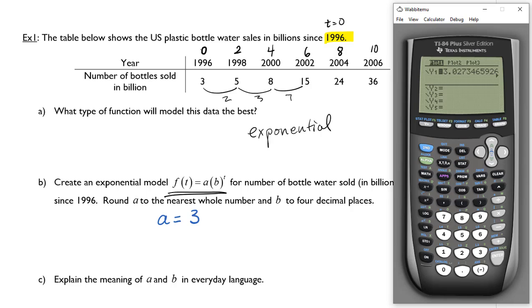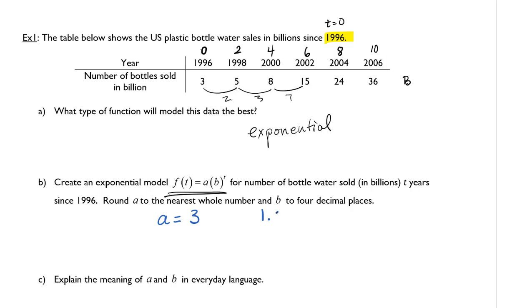And now let's look at what b is. B is 1.2887, etc. We want to round this to 4 decimal places, so that would be 1.28878. 8 is larger than 4, and so we have to round this to 1.2888, and that is your base b.